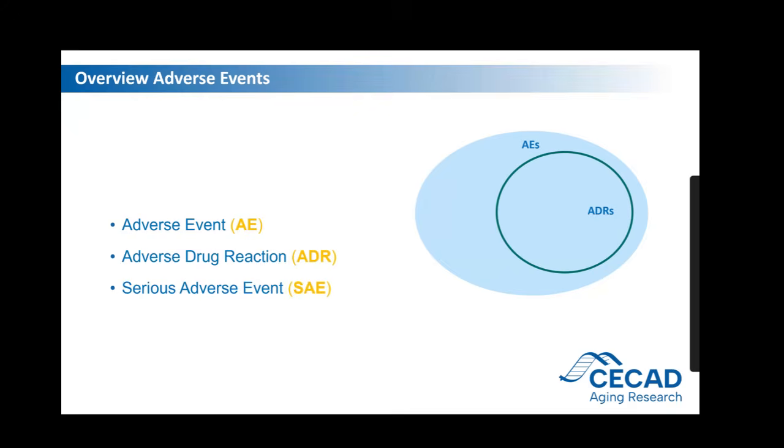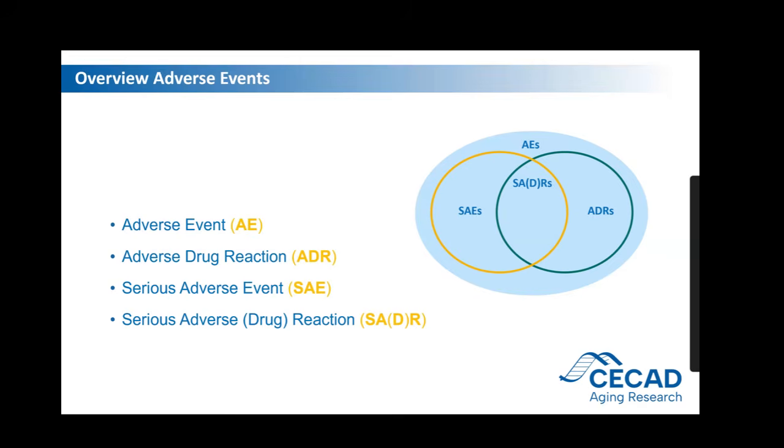adverse events that match one of the 5 criteria that we have seen, they are called serious adverse events. So if they are life-threatening or require hospitalization, they are called serious adverse events. And within those that apply to the SAE and the ADR section, these are the serious adverse drug reactions. So they are serious and they can be brought into connection with the IMP that has been administered.